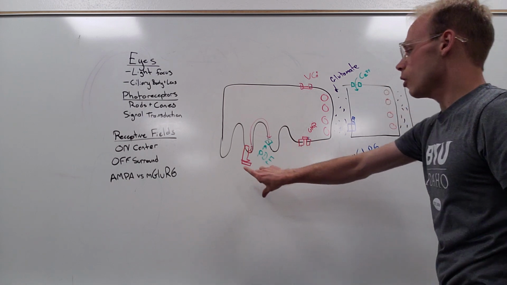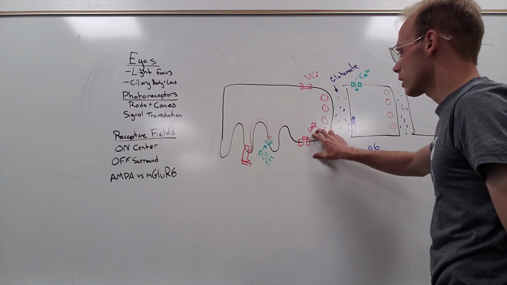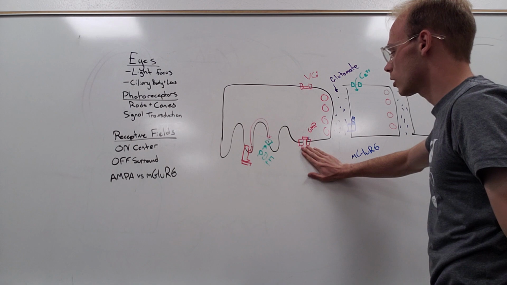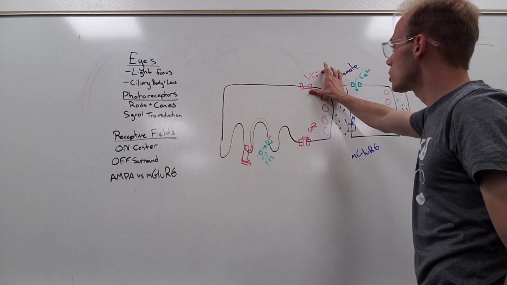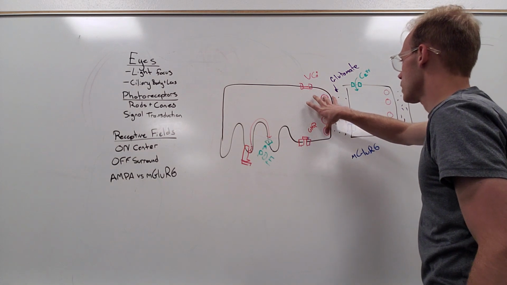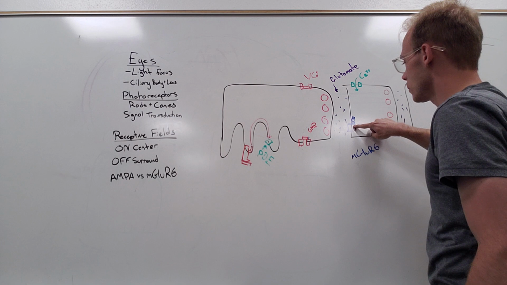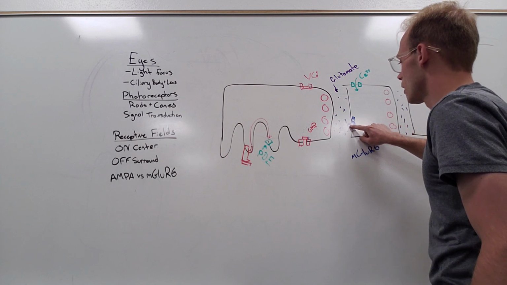So we have light hit this, activates PDE. Cyclic GMP is converted into GMP, closes this off. This voltage-gated calcium channel is then closed, which means I'm not releasing any glutamate, so this mGlu-R6 is not being activated.